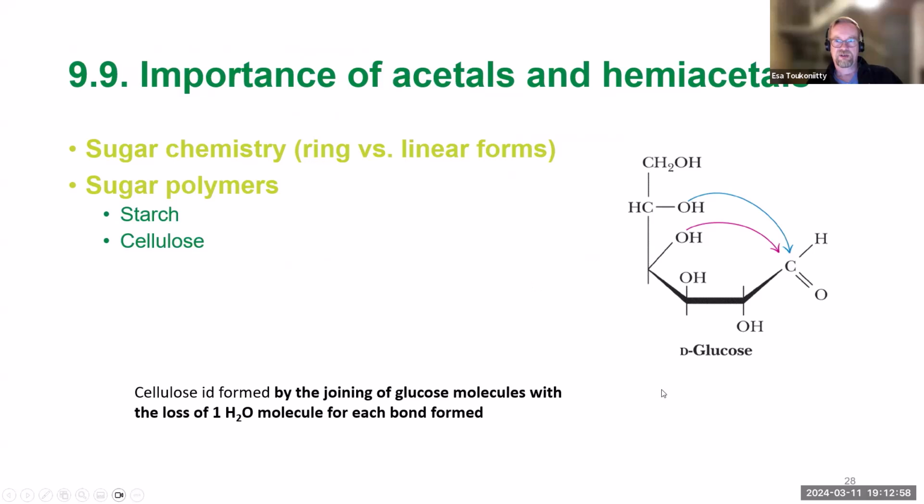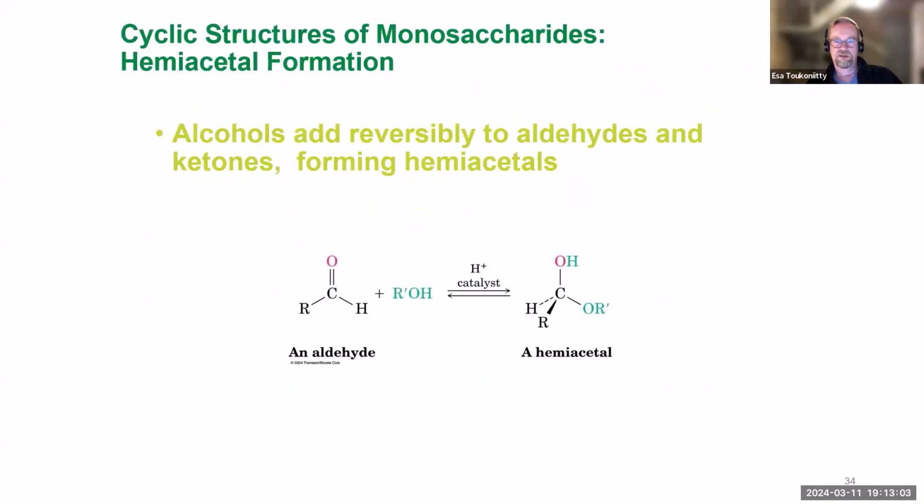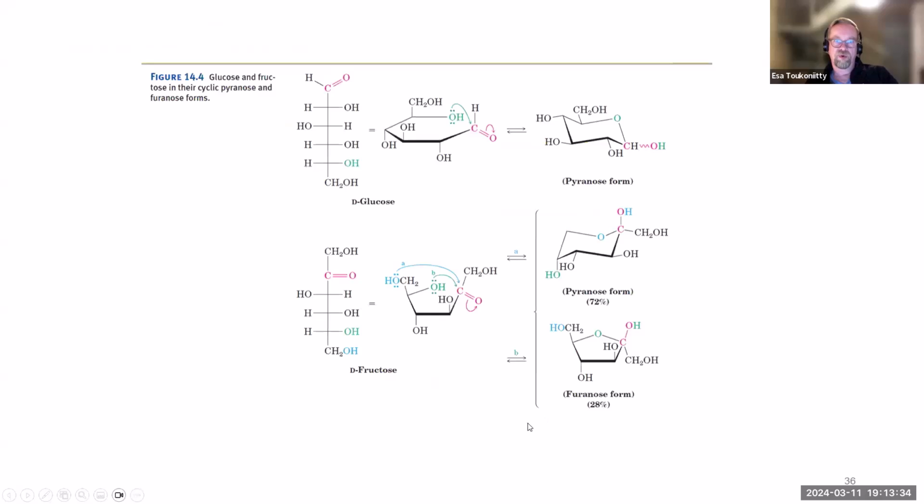So this reaction takes place. It's hemiacetal formation with the alcohol and the carbonyl, and then you form this ether linkage that you find in these polysaccharide materials. So this reaction is rather simple, but it can make these biopolymers.